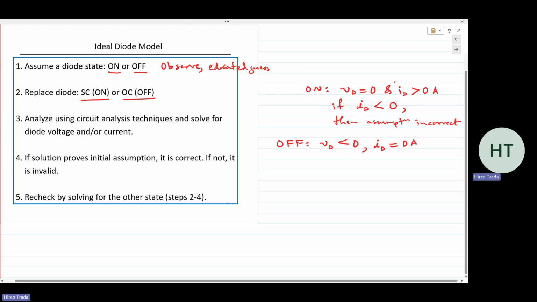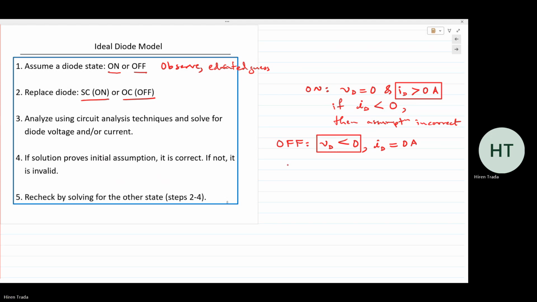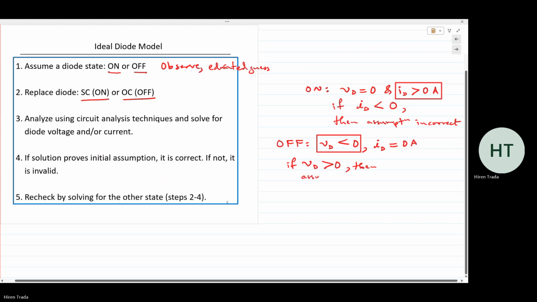So the important out of those two are these. When it's on, ID must be greater than 0. When it's off, VD must be less than 0. If VD is greater than 0, then assumption is incorrect.